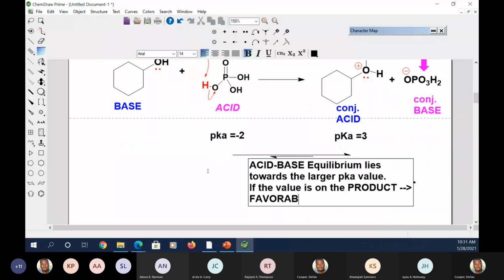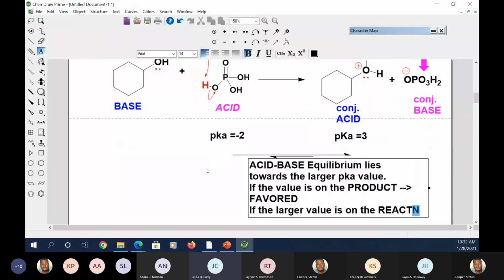Favored, right? If the large value is on the reactant side, we call that reaction unfavored.